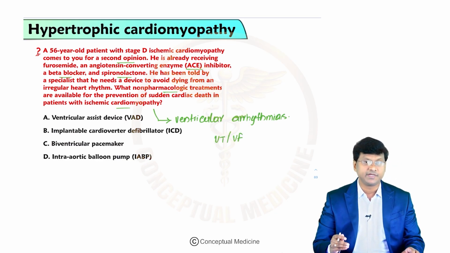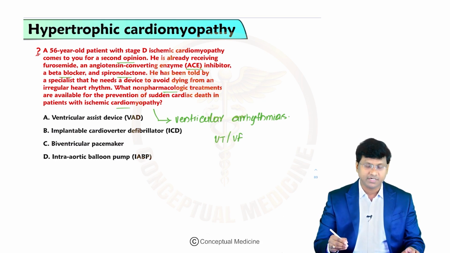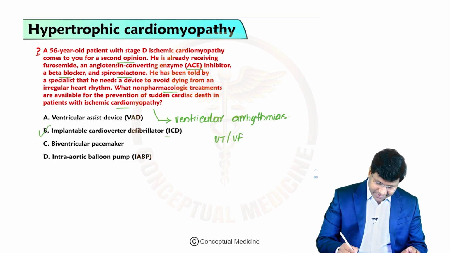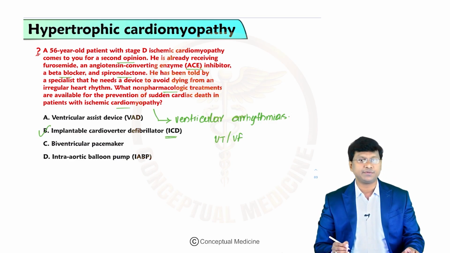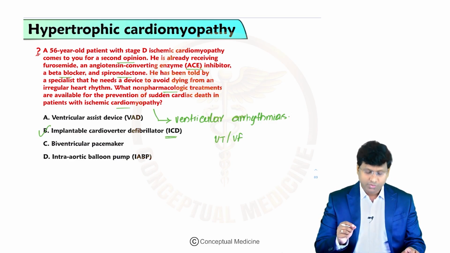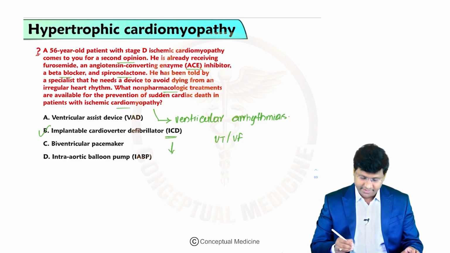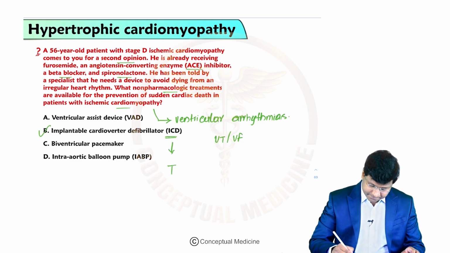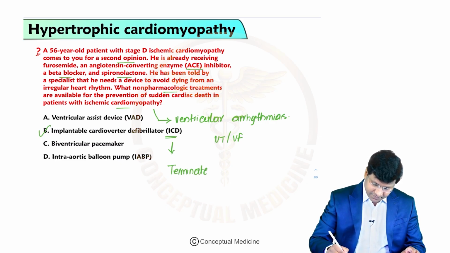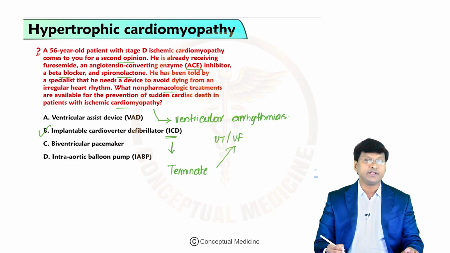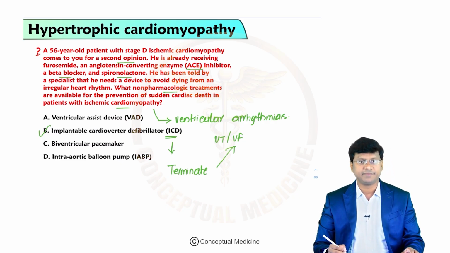In order to terminate this ventricular tachycardia or ventricular fibrillation, the patient has to be placed on an implantable cardioverter-defibrillator. When you put the patient on an implantable cardioverter-defibrillator, it can terminate the ventricular tachycardia or the ventricular fibrillation.